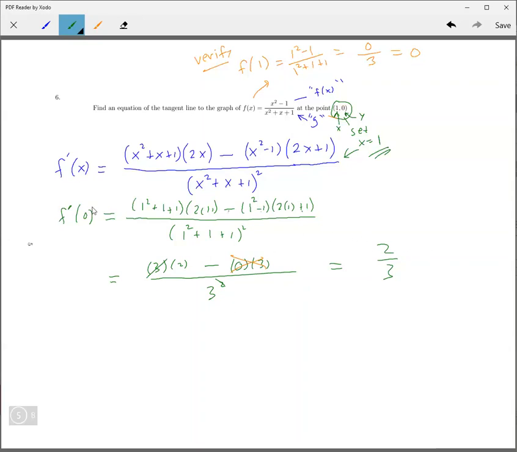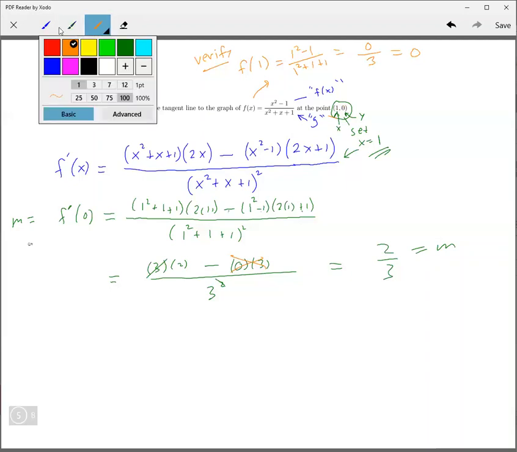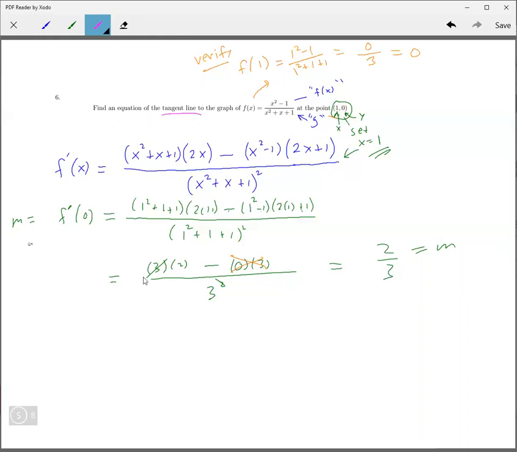That means that the slope is 2/3. And we want to get the line that is tangent, right? Tangent line. So we know that the slope is 2/3. So you can start like that.